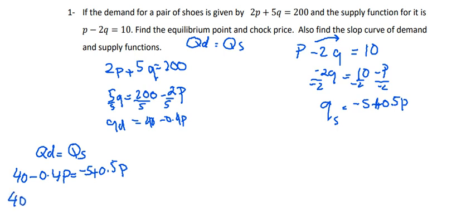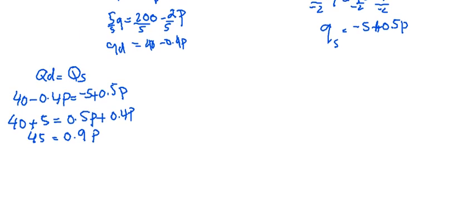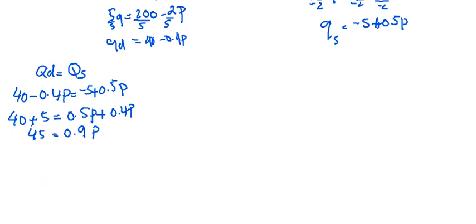So 40 plus 5 equals 0.5P plus 0.4P. Here you get 45 equal to 0.9P. Divide by 0.9, so P is 45 divided by 0.9, which is equal to 50. So the price here is equal to 50.